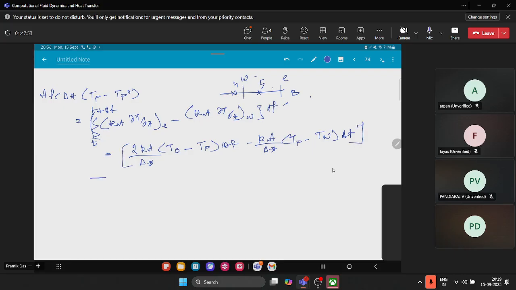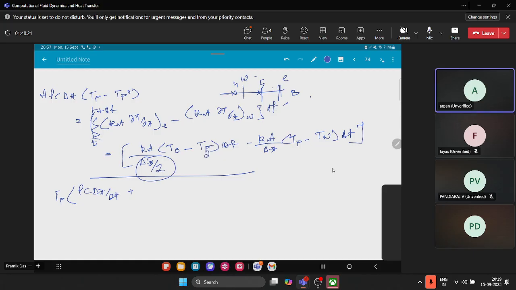So we can reduce it further. So Tp multiplied by rho c delta x by delta t plus 3k by delta x. Sorry, why is there a 2 in the above line, in the first term of the RHS? Why will it not be 2k? Because it will be 2k by delta x by 2, right? When you take Tp minus Tb, that is T5, then delta x by 2 comes here.